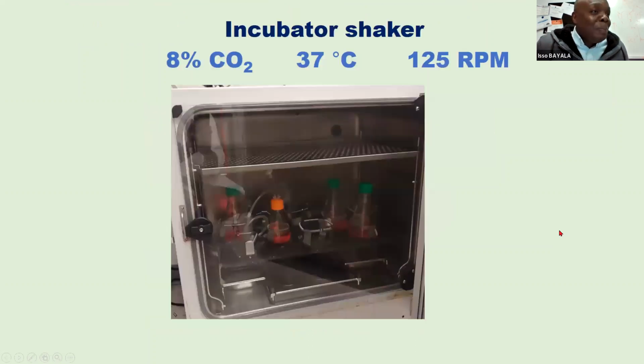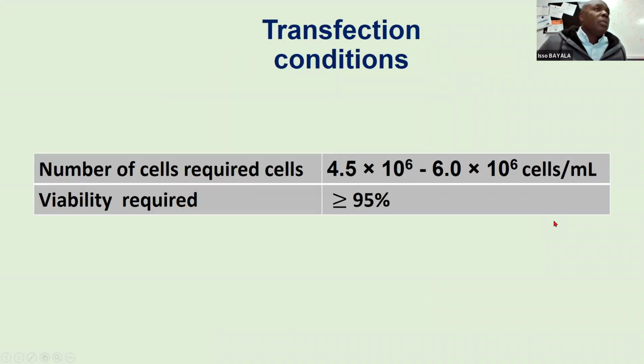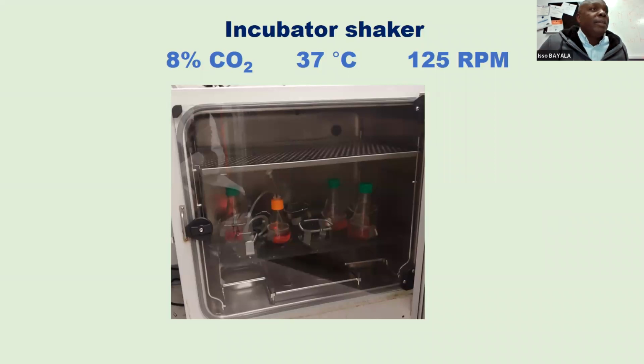The incubator shaker has the parameters on top: CO2, 37 degrees, and the agitation is 125 RPM. So it stays there until we do the cell count.